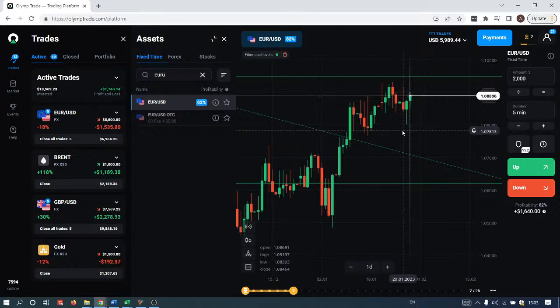So it's all about risk reward ratio. You risk, for example, $500 and your potential profit can be $2,000 or $3,000, depending on the market situation and the overall potential of this asset.